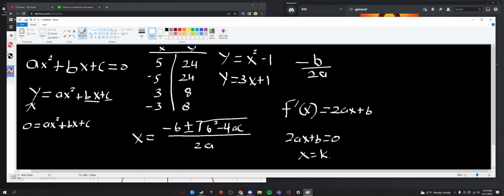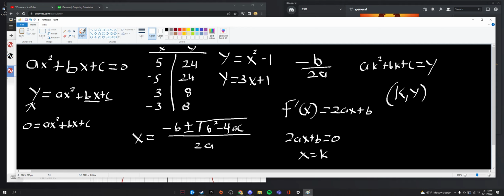If x is equal to k, you then substitute this back into your original quadratic, so now you would have a k squared plus bk plus c, and this spits out some y value. We'll just continue calling it y, and that combination of k, y is your minimum or maximum point.